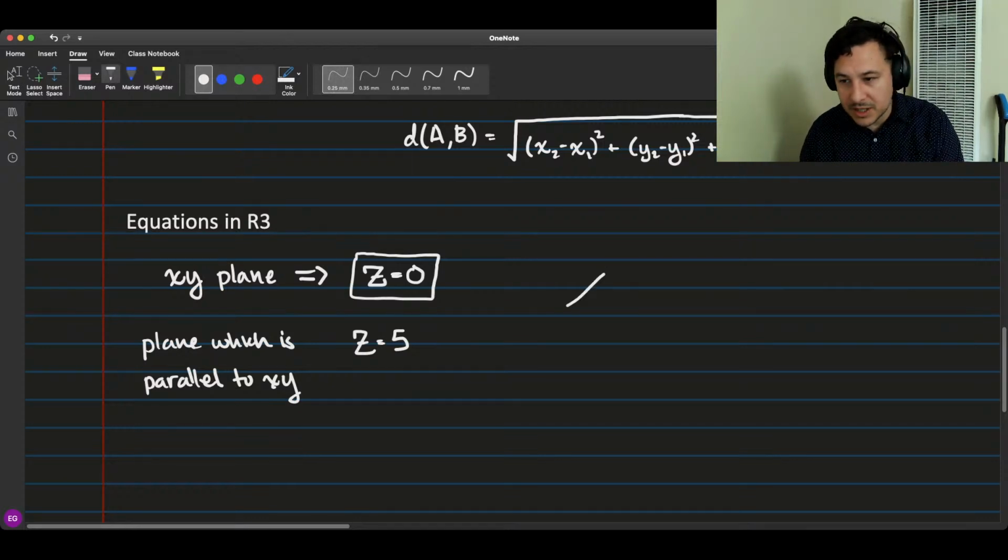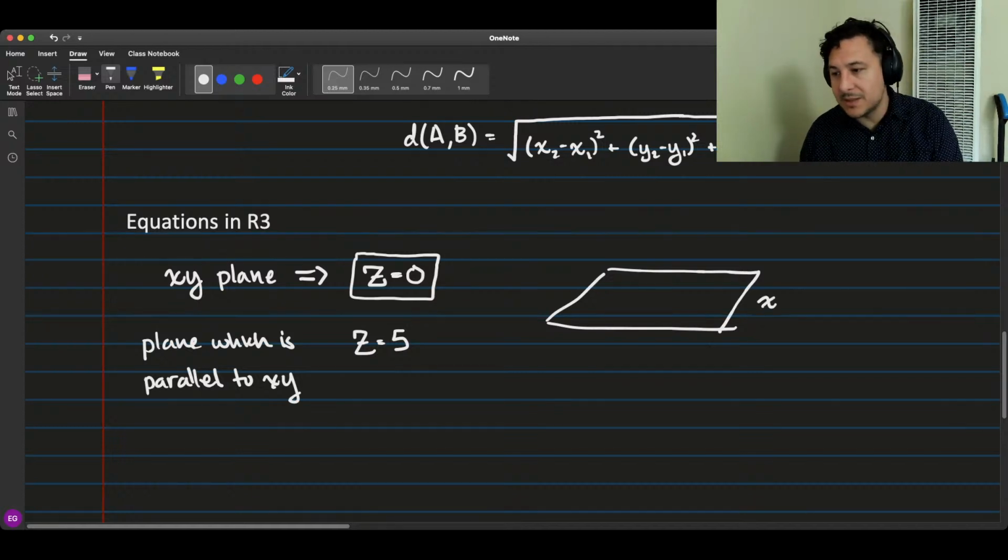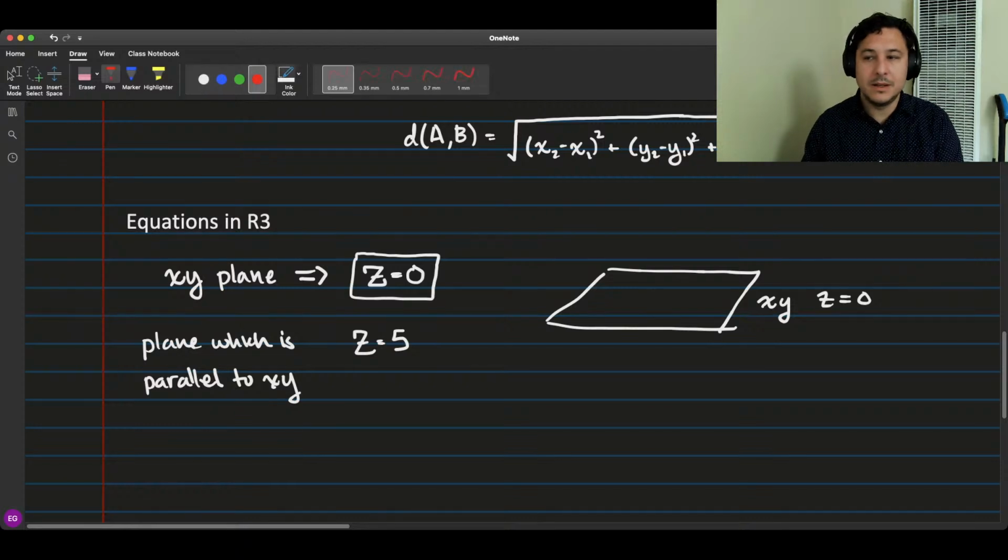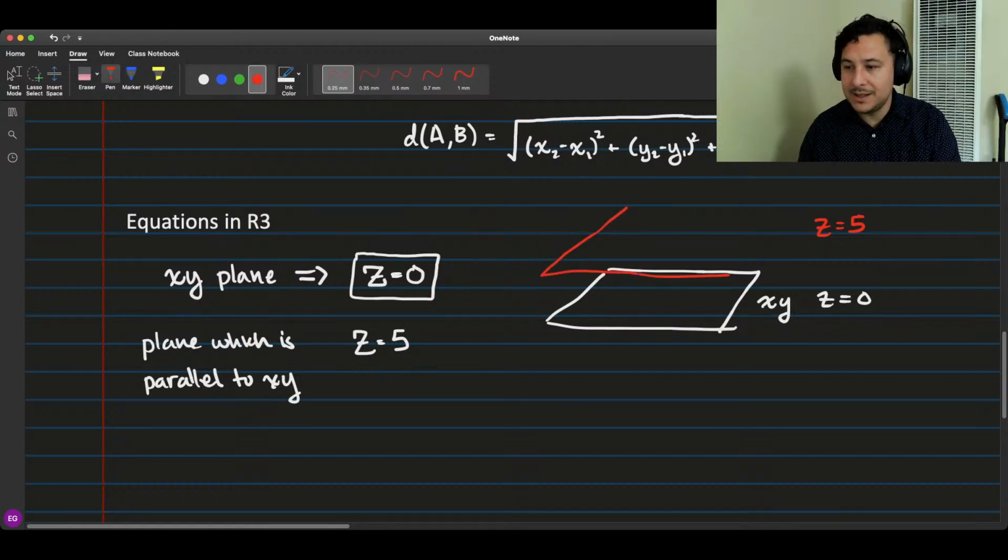So let me draw a picture. If this little sheet right here is your xy plane that has an equation z equals 0, the equation z equals 5 is parallel to that, but it's been moved up by a distance of 5.